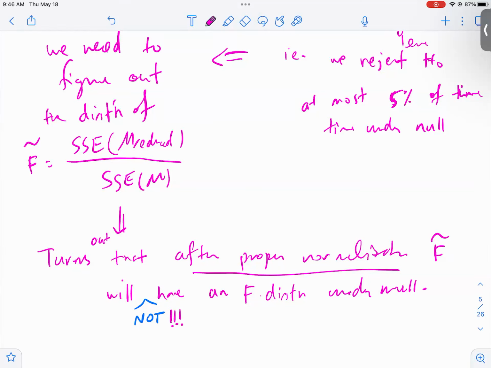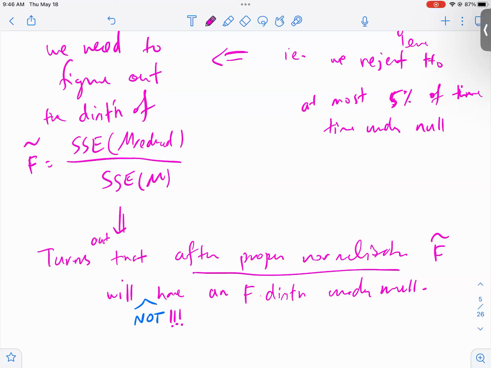It's close, but it's not, because if you normalize this and this properly, each one would be chi-squared, but they're related. They're not independent. We want something like chi-squared divided by chi-squared, both independent. Then if you normalize by the degrees of freedom, you get an F distribution.